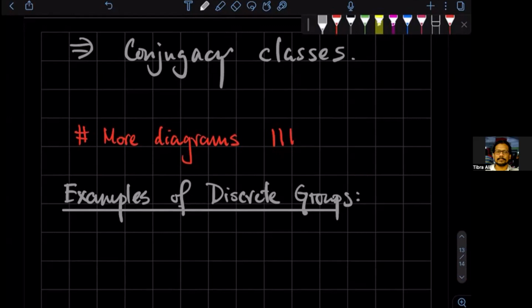I talked about conjugate elements and conjugacy classes. Oh, okay. Then yes, conjugacy classes don't necessarily make groups. They may, but they may not. Okay. Yes, sir. All right, cool.